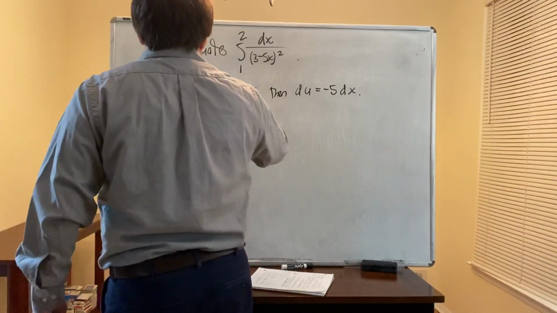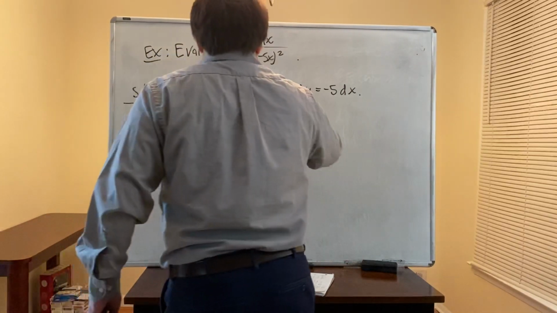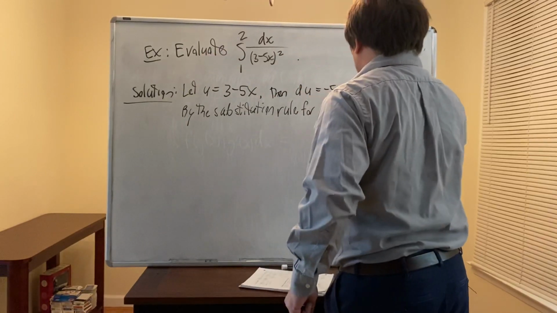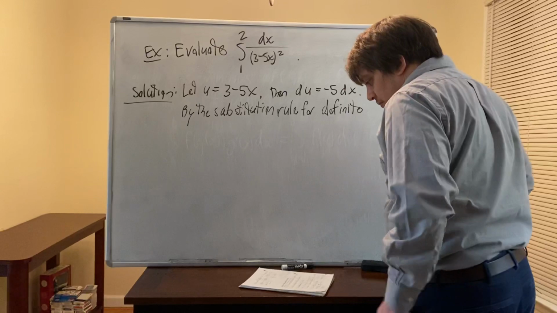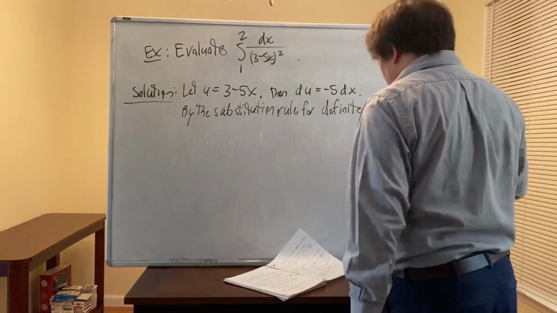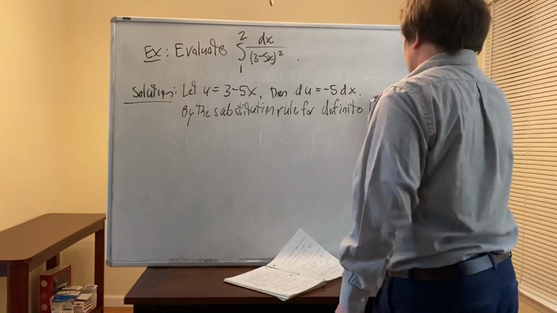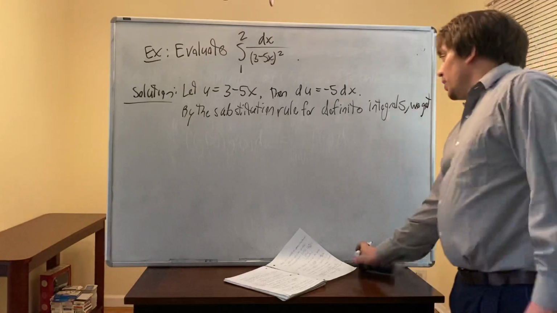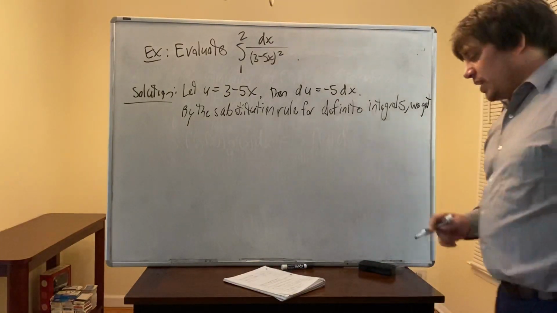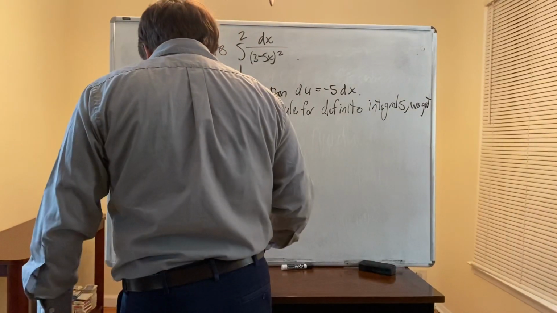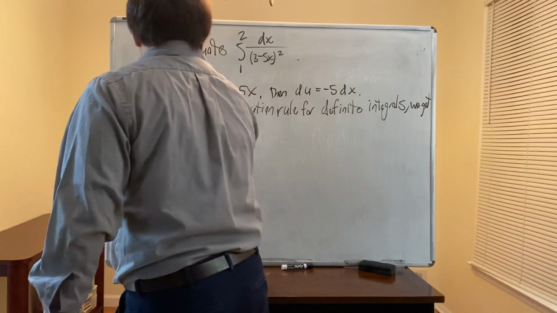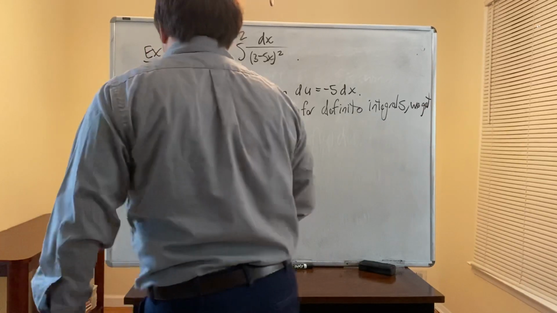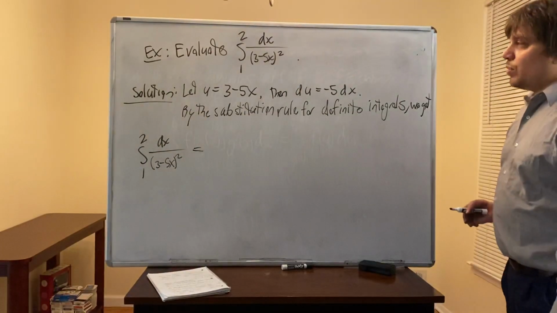By the substitution rule for definite integrals, we get the definite integral from 1 to 2 of dx over 3 minus 5x in parentheses squared is equal to, now I want to substitute everything for u.